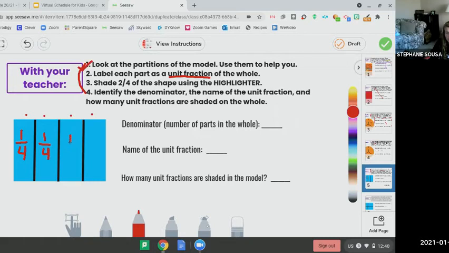This part is called 1/4. And my final part is called 1/4. So I have now labeled each part as a unit fraction of the whole. I'll give you a moment to finish that up.